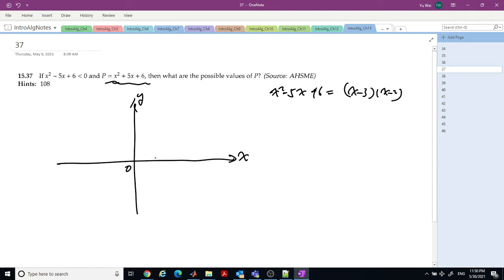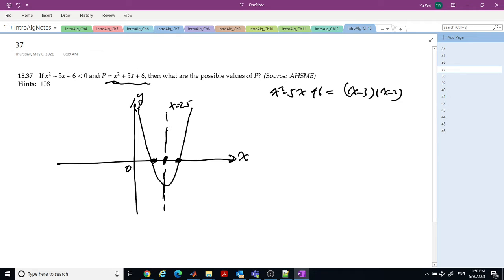So we know there is a root of 2 and a root of 3, and the symmetry line is in the center, at 2.5. Then we know it will look like this.